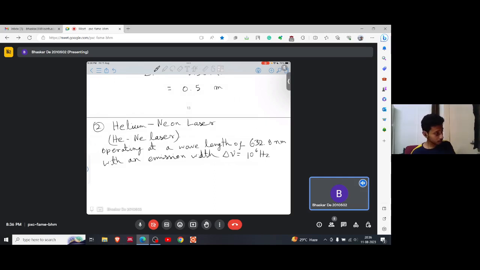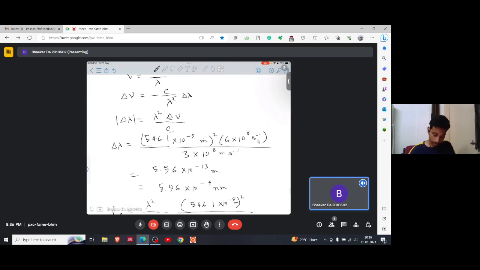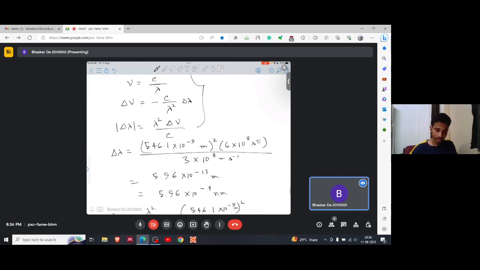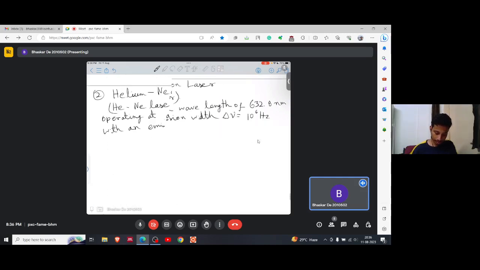So similarly here we will first calculate delta lambda. So this is the process of calculating delta lambda from given delta nu and lambda.